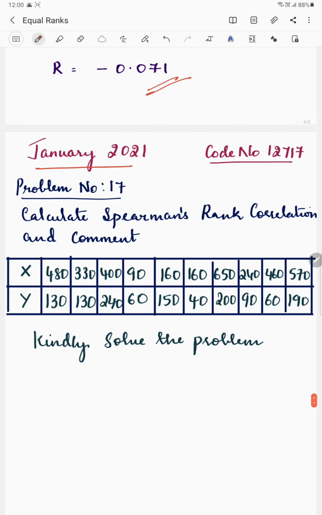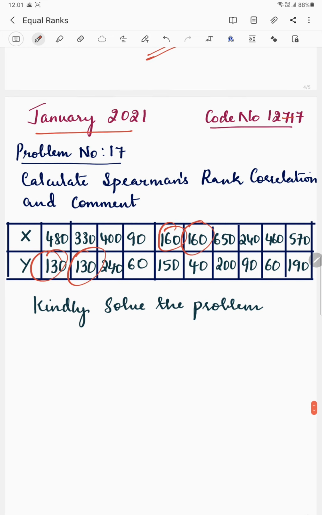January 2021, question paper code 12717, there's a problem asked. Calculate Spearman's rank correlation and comment on it. So you see in this series 480, 330, 400. So see 160, 160 is repeating. Then do we have here 130, 130 is repeating. Nothing else is repeating.